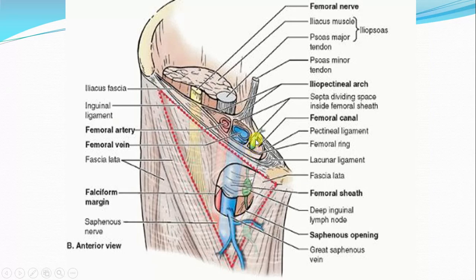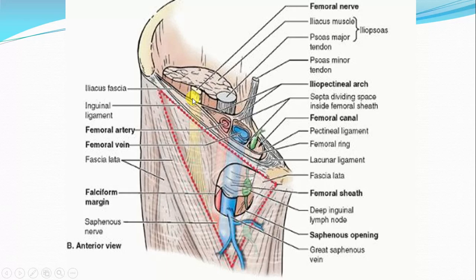Here the deep inguinal lymph node will be present. And in the femoral sheath, the septa move inside and cover the individual vessels, separating them from each other.